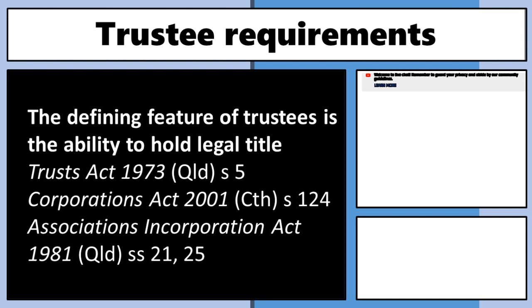Companies are vessels of investment for the carrying on of normal business practice. All right, and if you think about it, that's a little bit different to how trustees are supposed to operate. And so when we're thinking about these requirements of a trustee, yes, they can hold legal title to property, therefore they can be trustees.